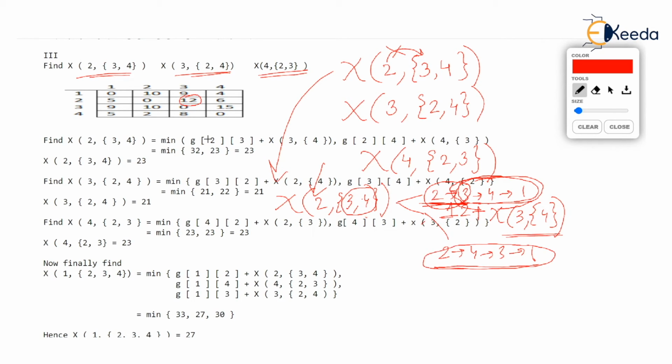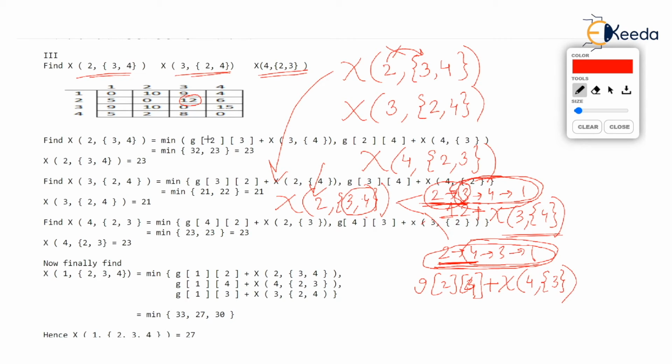Now first 2 to 4 will be taken as G24, we will refer the matrix. I'm so sorry. But what about the rest of this travel? 431. We will not add up all the cost 4 to 3, 3 to 1 all over again, but this is simply given as X 4 3, and that we have already found in the earlier pass.